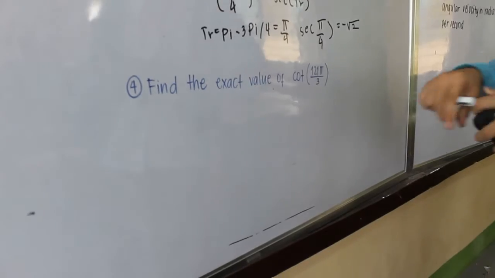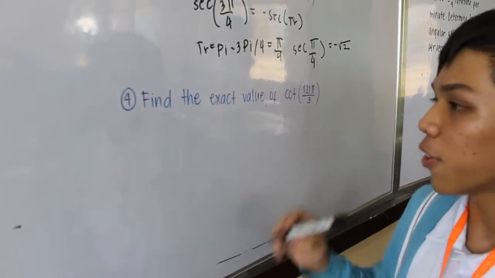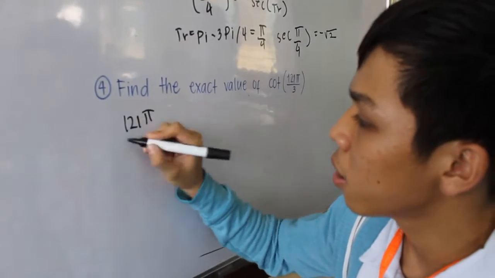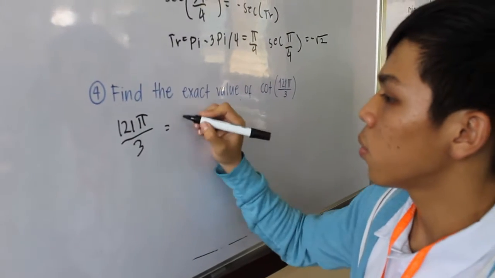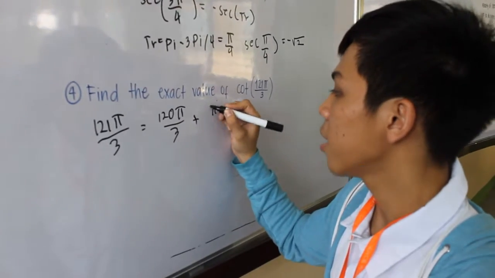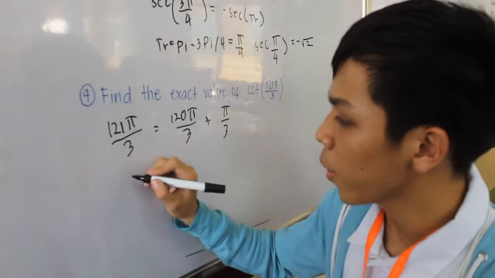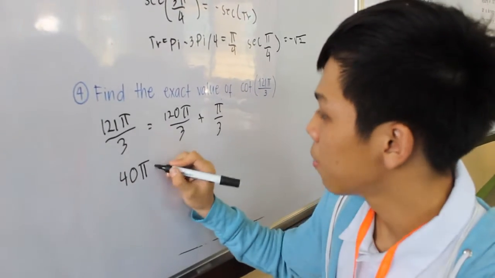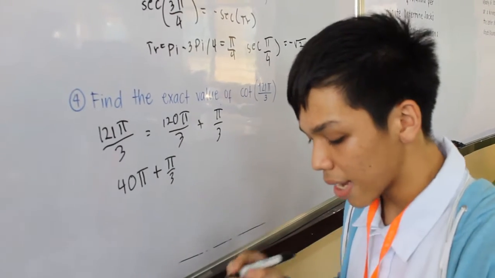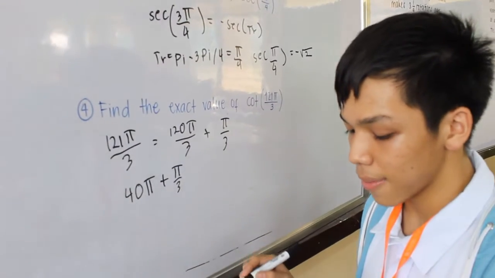Now let's go to number 4. To find the exact value of cotangent 121 pi over 3, we have to divide them. For example, 121 pi over 3 is equal to 120 pi over 3 plus pi over 3. And since 120 is divisible by 3, hence we can use 40 pi plus pi over 3. And a positive coterminal angle to 121 pi over 3 may be calculated as follows.